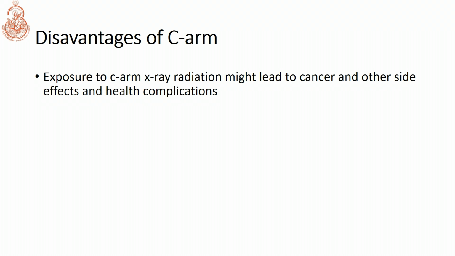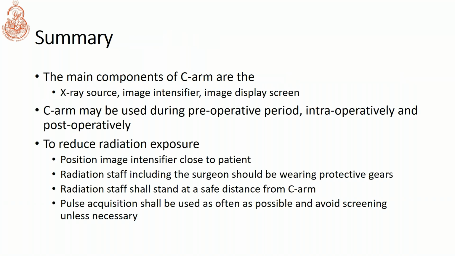So though having a big list of advantages for C-arm and a single-line disadvantage, that shall not be taken very lightly, because it is again the same ionizing radiation which is proven to be a carcinogen, and we shall take all kinds of protective measures whenever we are using these C-arm machines.